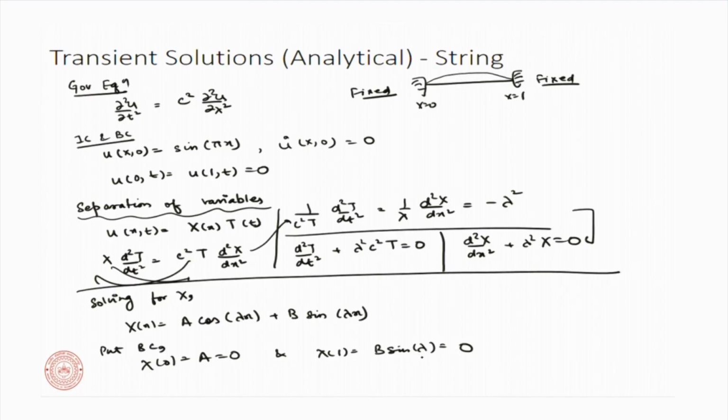Now, either B can be 0, that is a trivial solution, then the entire equation becomes 0, your u will be equal to 0, or we can have sin lambda equals 0, that is your eigen values, and the eigen solution will be lambda n equals n pi, where n belongs to 1 to infinity. Okay. All right. Now, we therefore have this condition.